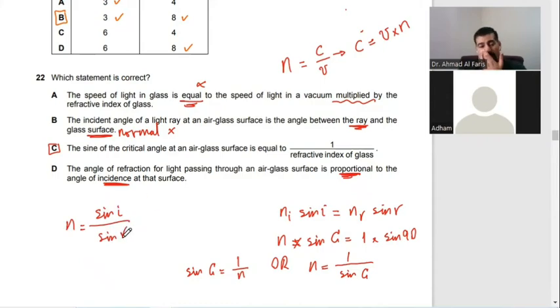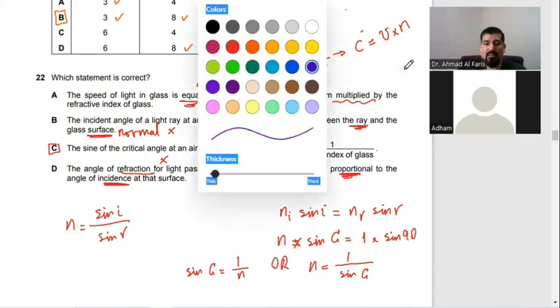So sine i is directly proportional to sine r, not i directly proportional to r. So the correct answer for question 22 is C. The angle with the angle is not correct; the sine with the sine, yes, it's correct. Good.